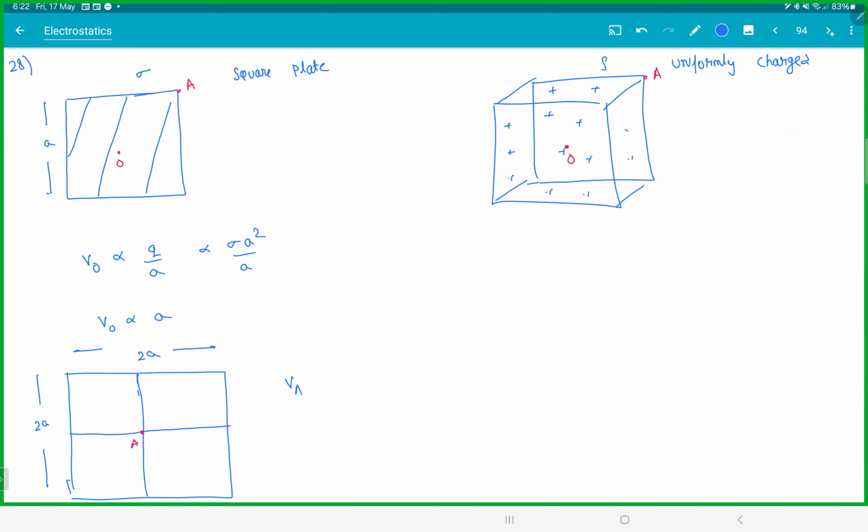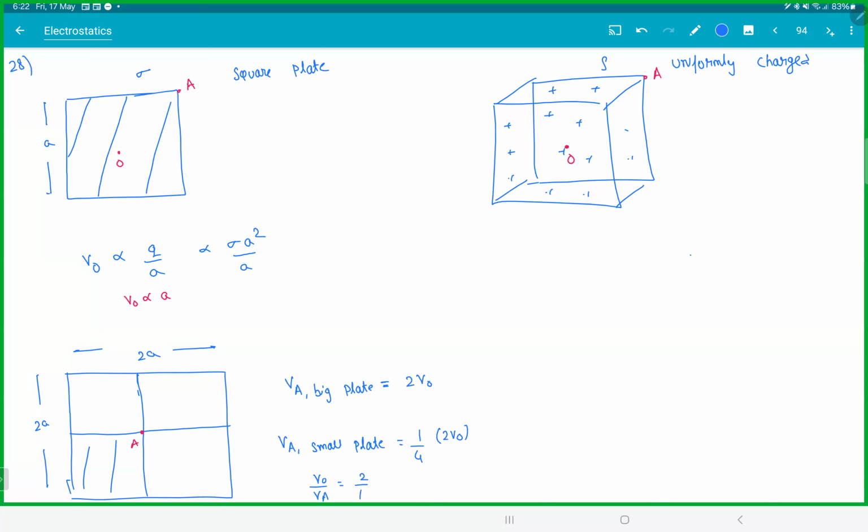So potential at A due to the big plate will be 2 times V naught because it is proportional to A. But this is due to 4 plates. So VA due to one small plate should be 1/4 of 2 V naught because 4 are contributing. So therefore the ratio of V naught to VA would be 2:1.